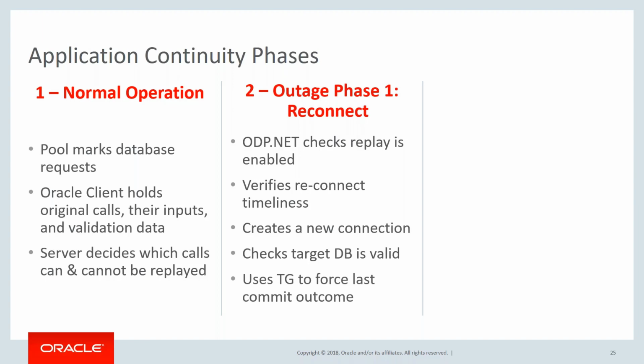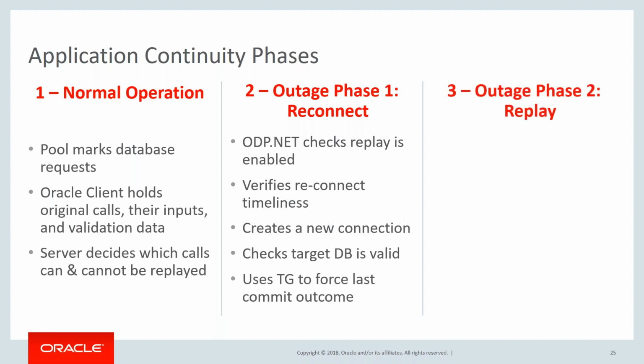You use Transaction Guard to force the last outcome. So it'll check if that last transaction committed. If it hasn't committed, it can roll it back. But I'll talk a little bit more about Transaction Guard later, since that's a key technology you can use on its own.